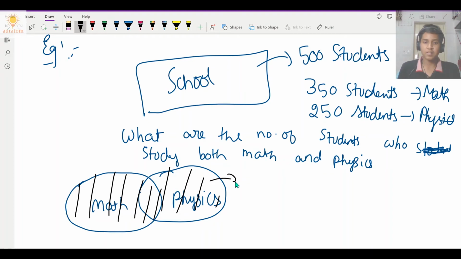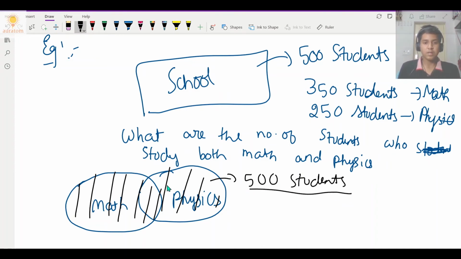So this black shaded part will be equal to 500 students, because there can't be students in the school who are not from here. All the students who are studying will be in this part, so this will be equal to 500 students.